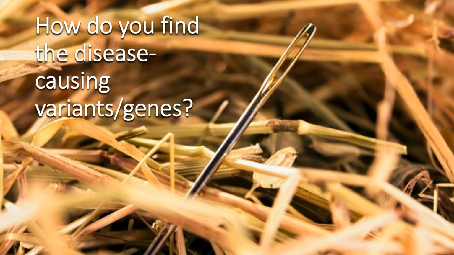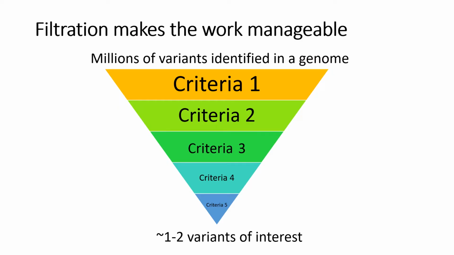And of course, the challenge to anyone doing this analysis is how do you find the few disease-causing variants and genes in this vast sea of data? And it's filtration that makes this work manageable. This is the step we'll be focusing on primarily in this session.